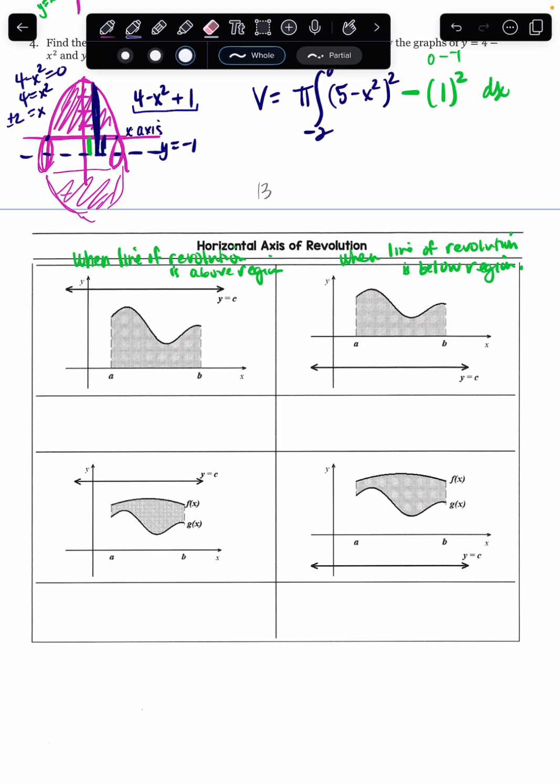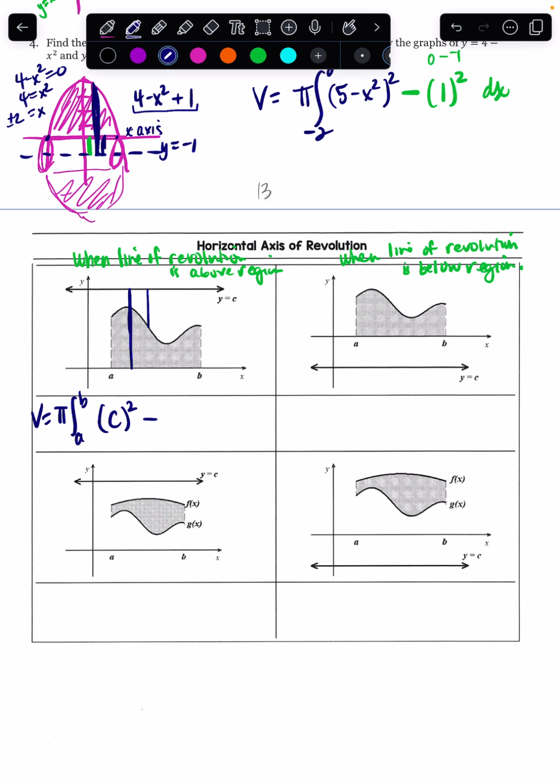All right, so we have the volume, pi integral, going from A to B. Now, when it's above like this and it meets the x-axis, you've got to do the whole thing, and then we subtract out the middle because there's a hole. So the whole thing is c, so you're going to do c squared minus this piece.